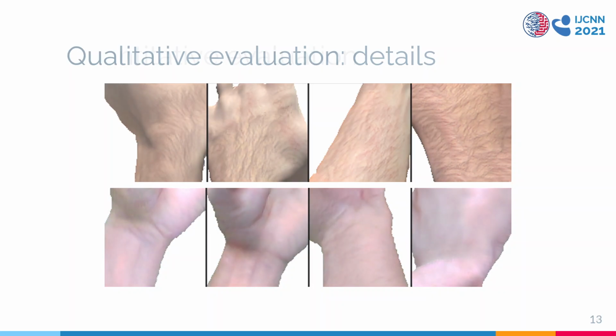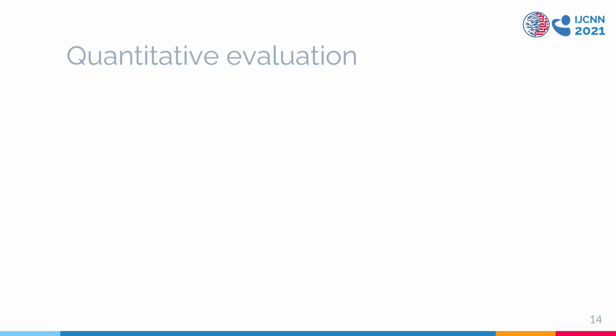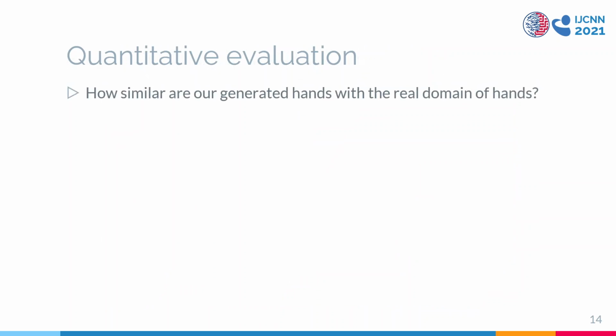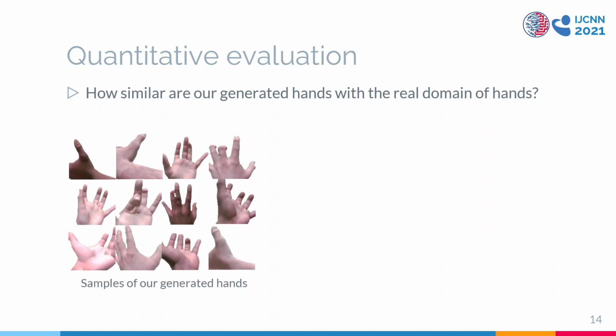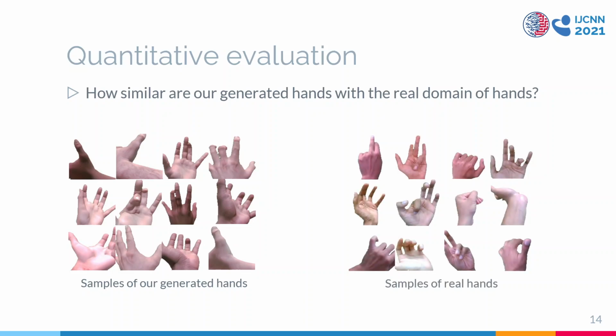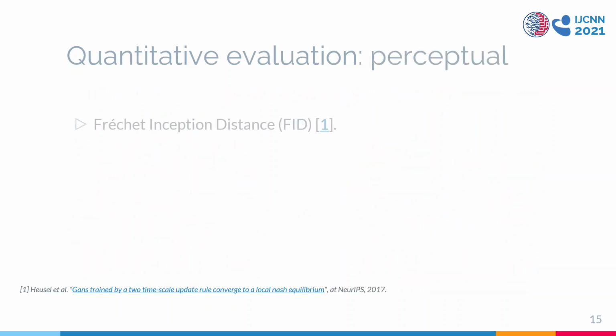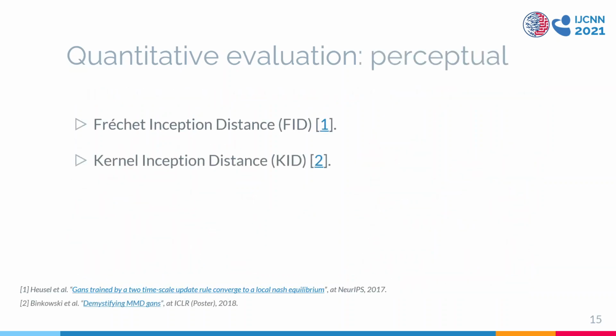For the quantitative evaluation, we want to quantify how similar our generated images of hands are to the real domain. To do so, we compared 2,000 generated hands with 2,000 images of real hands in terms of different perceptual metrics. We have used two perceptual metrics, the Fréchet inception distance and the kernel inception distance.